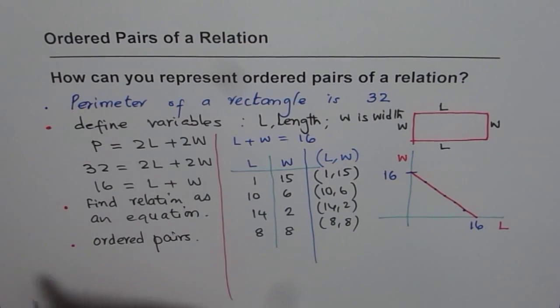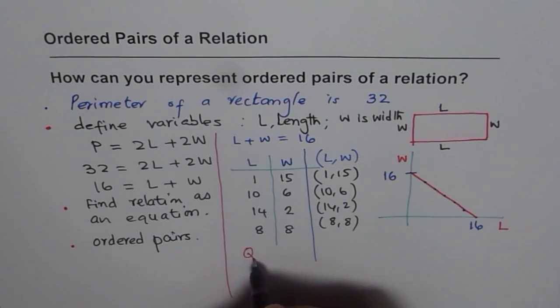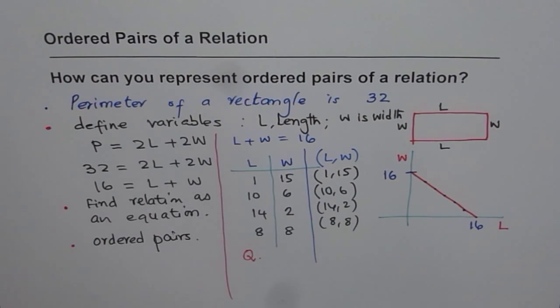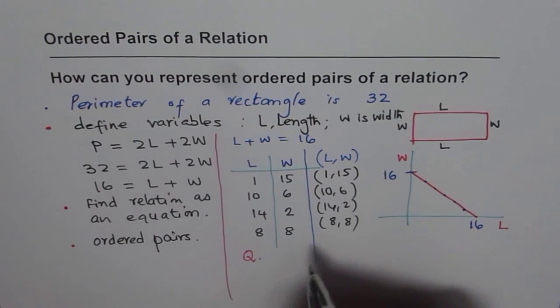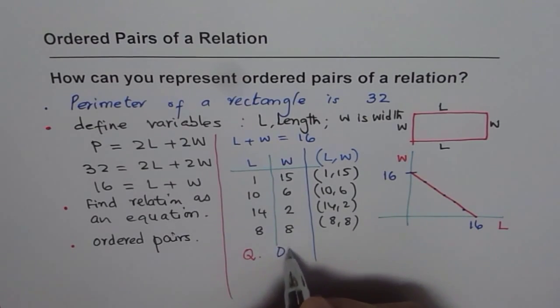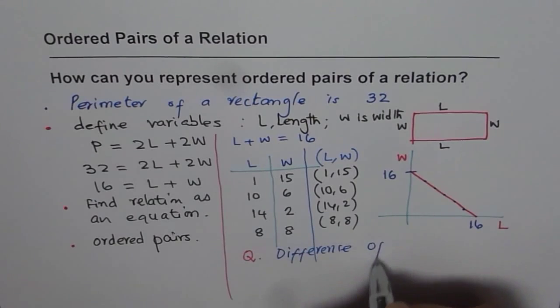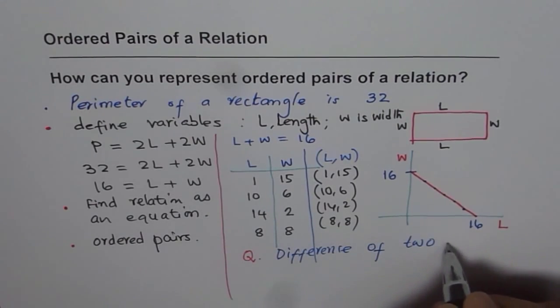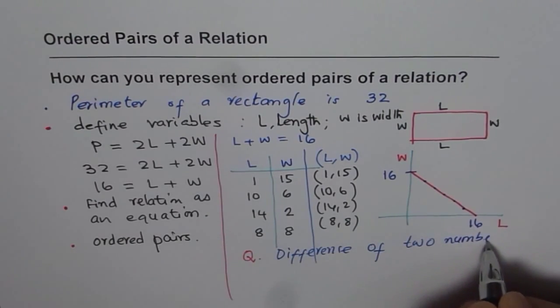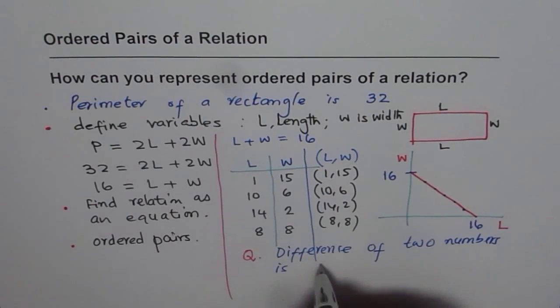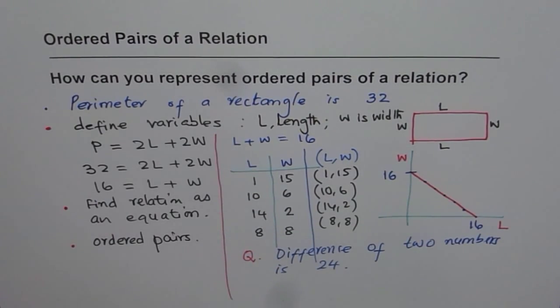Now for you, let us have a practice question. Let's say the question is: the difference of two numbers is 24. Find the ordered pairs which will satisfy this relation.